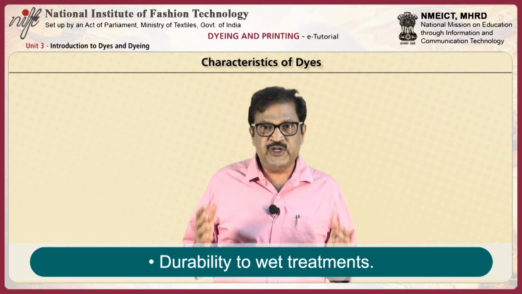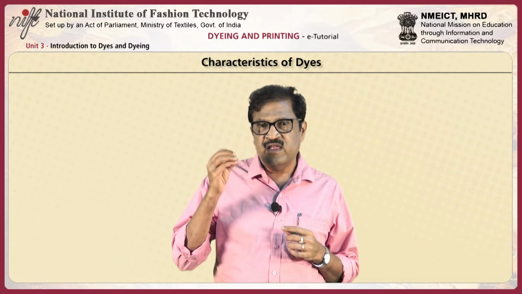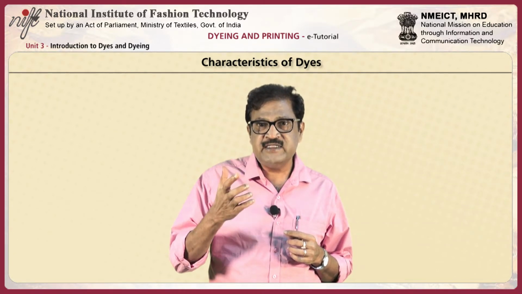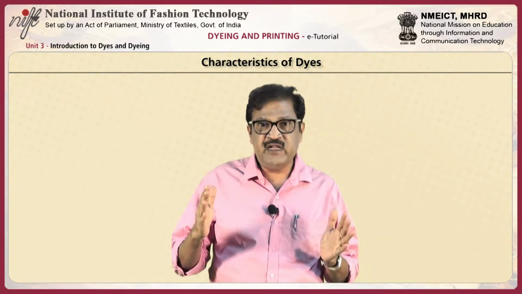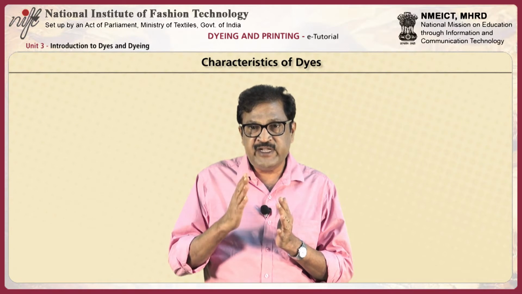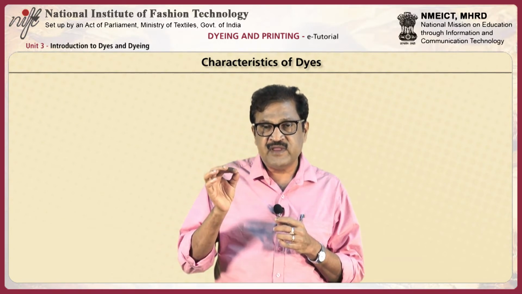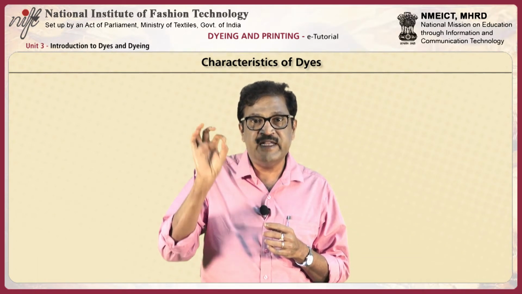Fourth, durability to wet treatments. It means once the dye is penetrated inside that fiber molecular structure, what kind of chemical bond takes place between fiber and dye molecules. That means the color fastness property of the dye.